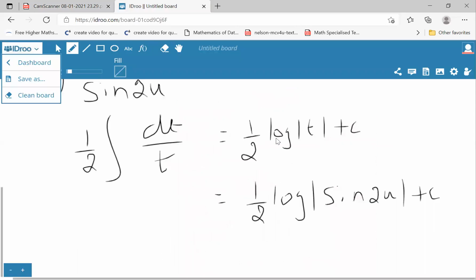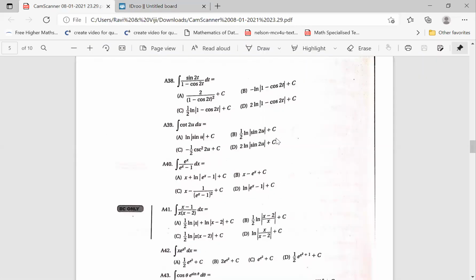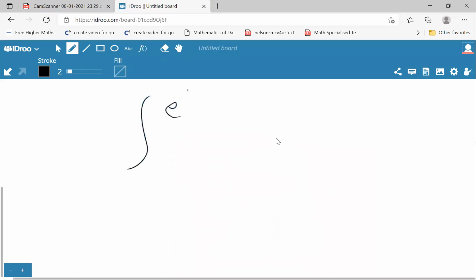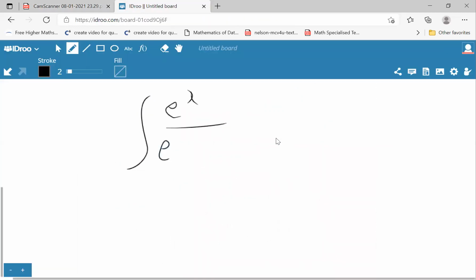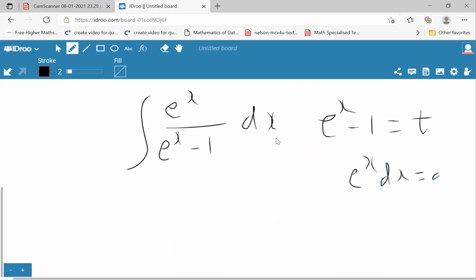Now coming to the 40th question, integration of e to the power of x divided by e to the power of x minus 1 dx. Same way as we did before, we can take e to the power of x minus 1 as t. When you differentiate, you'll get e to the power of x dx is equal to dt. So this is going to be pretty simple. It is now dt by t, which is equal to log t plus c.